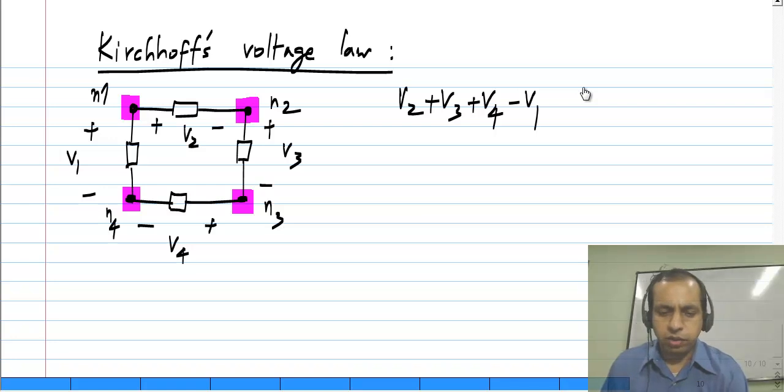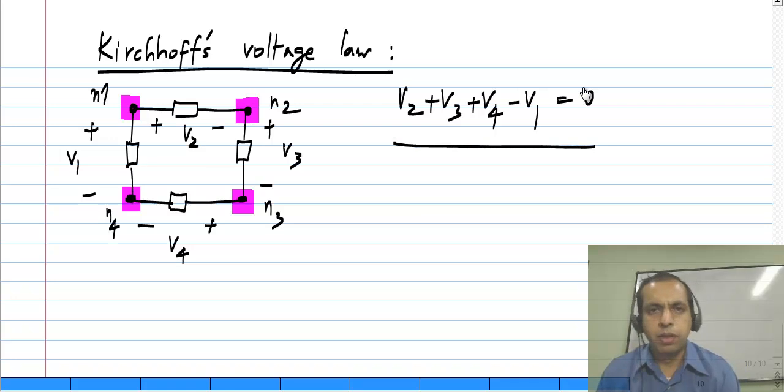So what Kirchhoff's voltage law says is that this is equal to 0. That is, you go around the loop and sum all the voltages in a consistent direction. You take either rise or fall, the sum will be equal to 0.